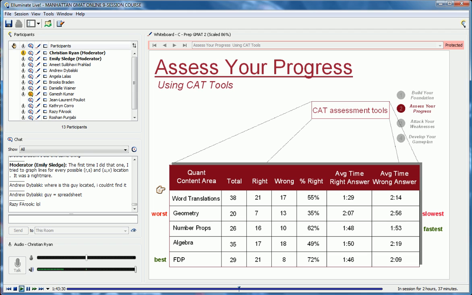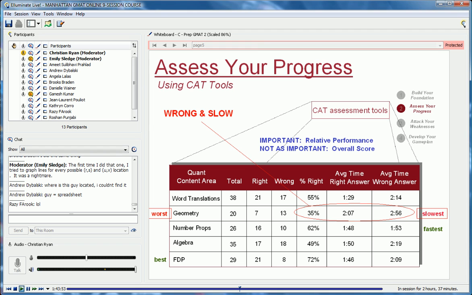The CAT assessment reports: after you've done a CAT, you can not only look at it problem by problem, but you can run those assessment reports. These assessment reports bundle up one or more CATs for you. So you can see, for instance, here in geometry, you know what, I'm pretty low in accuracy and I'm pretty slow. I especially get stuck here.